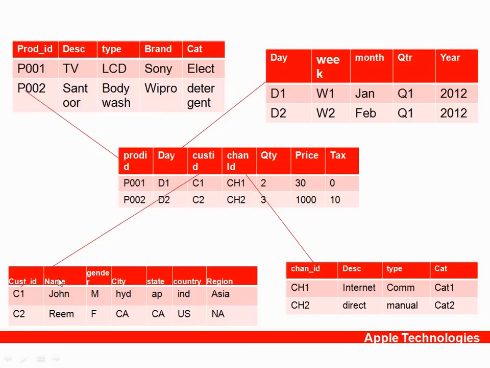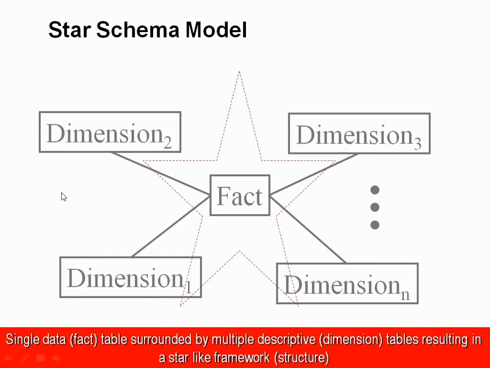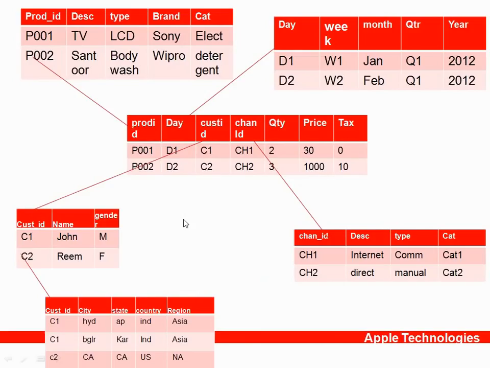So all the customers and their address information, I am keeping into one table. Product also I am keeping into one table. But at the same time, when I am building the tables, I can also normalize the dimension table to some extent. So I have a customer dimension table, and I can also split it into 2 tables. I have a product dimension table, I can also split into 1 or more than 1, like 4, 5 tables.